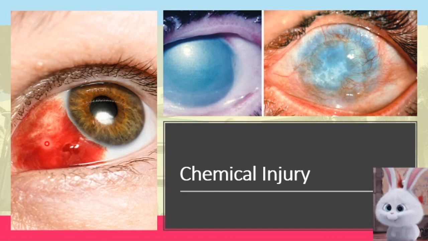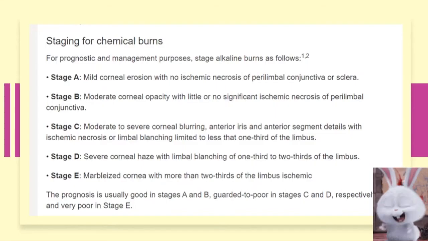And then you have the complete marbleizing of the cornea. So class, complete marbleizing, as in marble, the marble stones that we are talking about. So your cornea would appear like that in severe situations. Okay? That would indicate actually poor prognosis already. This is actually, class, the staging for chemical burns when I talk about eye problems.